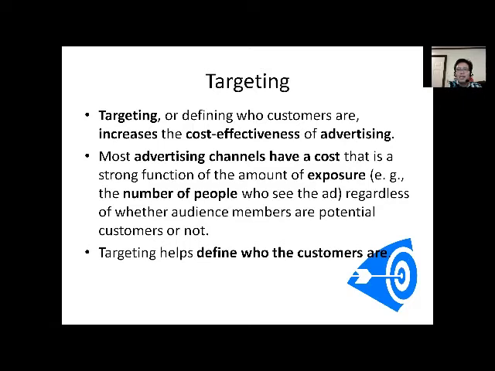But this cost is a function of the amount of exposure. So what do we mean by exposure? The number of people who will see or hear an advertisement. This exposure is regardless of whether audience members are potential customers or not.